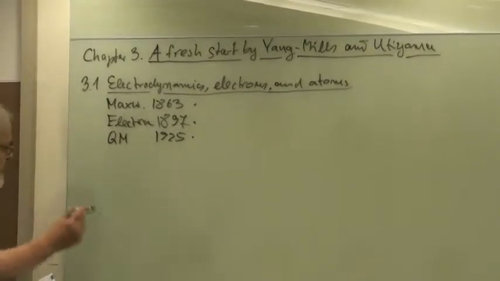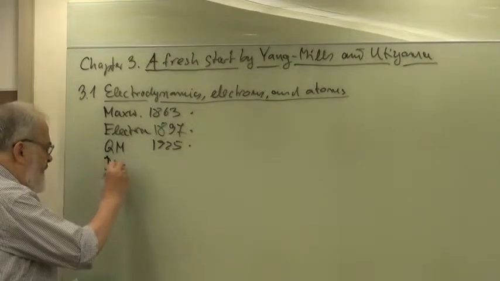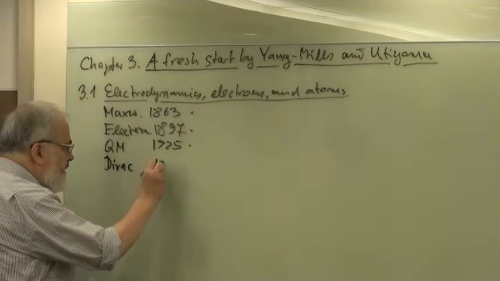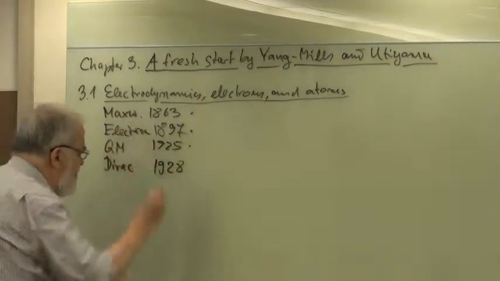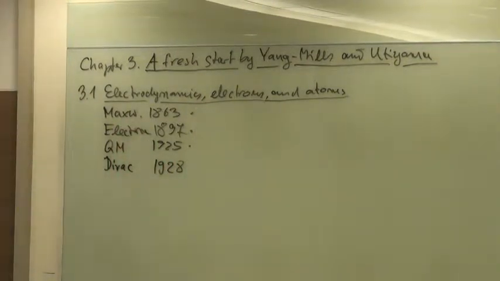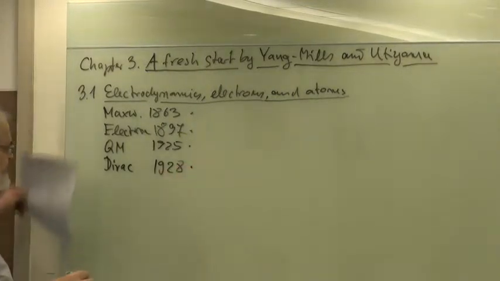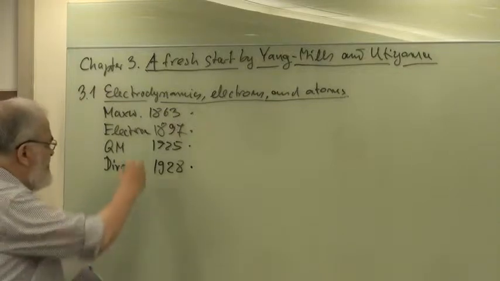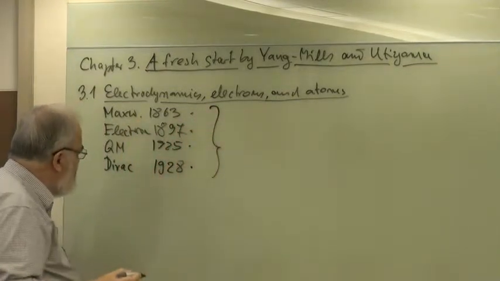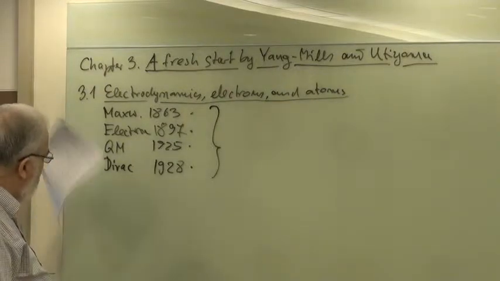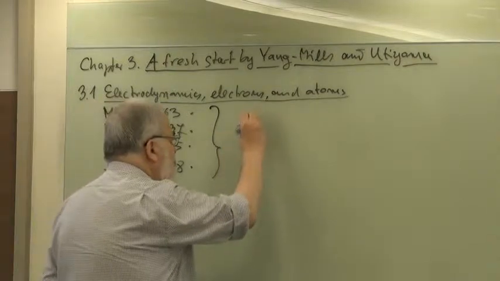And then in 1928, the Dirac equation, a relativistic wave equation for the electron, was found. These four things were then brought into line by the gauge approach.